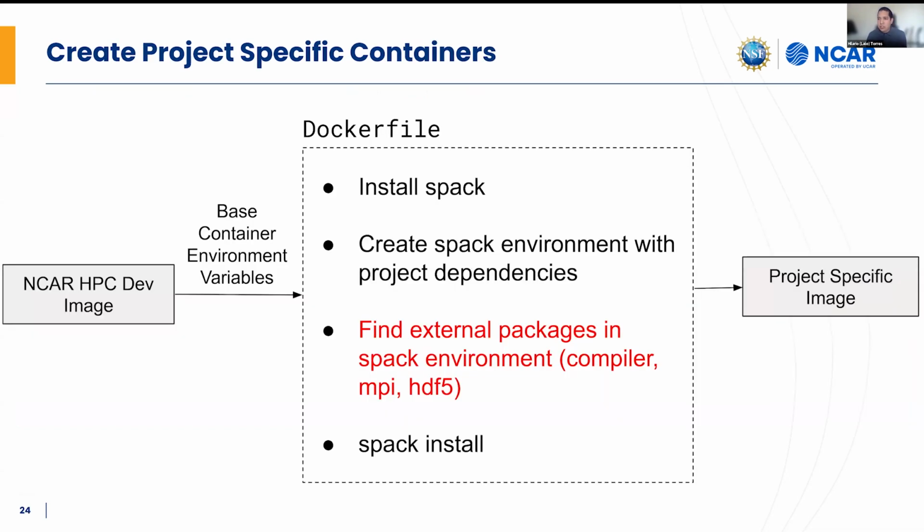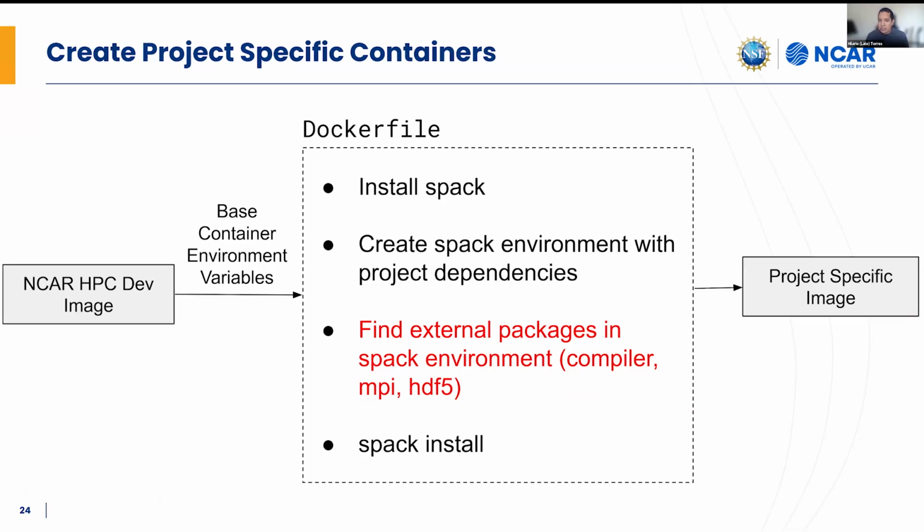And we essentially just do this now inside of our Docker file. So instead of using Ubuntu latest, now I just use one of the NCAR HPC development containers. And I have a couple environment variables I set, mostly just about paths for where things live. So I had something on the previous slide called HDF5 root. So we'll set that. And that goes into our Docker file run, and out comes our new project specific container.